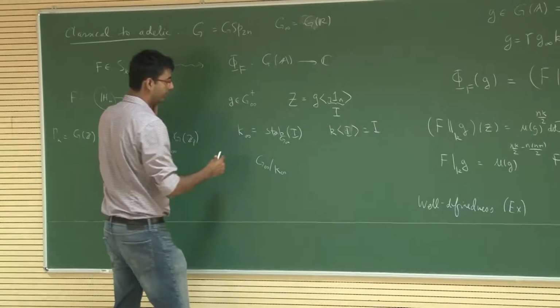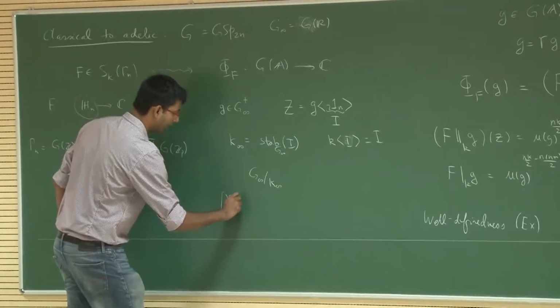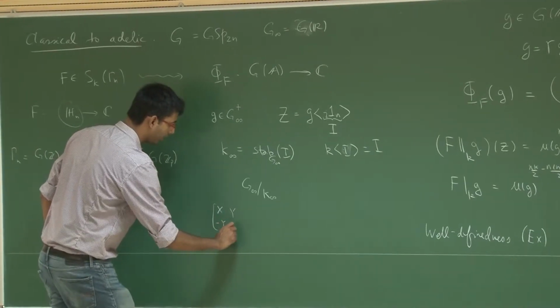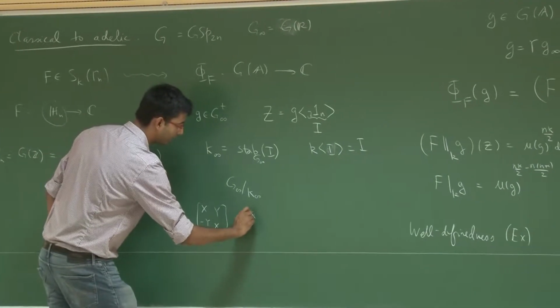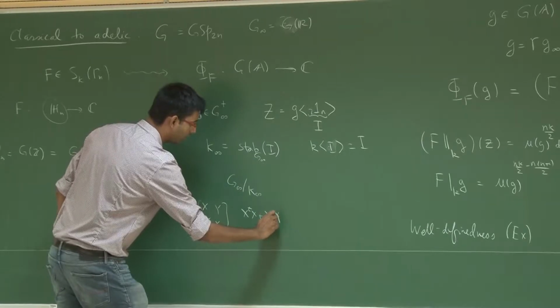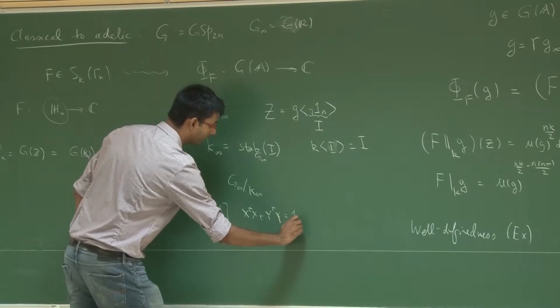Okay, any questions? Oh, wait, I'm sorry. Is Z inside the stabilizer of I? I mean, sorry, is the center inside the stabilizer of I? Say that again. The centralizer, which you call Z, is that in the stabilizer of I? No, because these guys are x, y, minus y, x with x x transpose plus y y transpose equals identity.